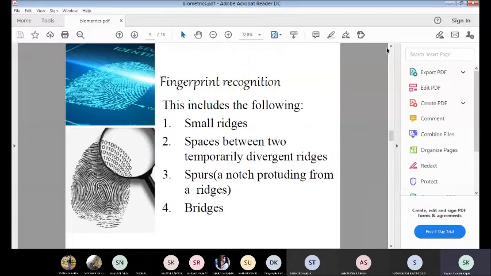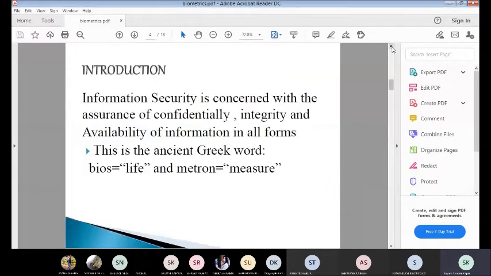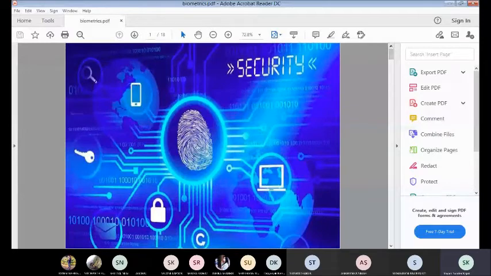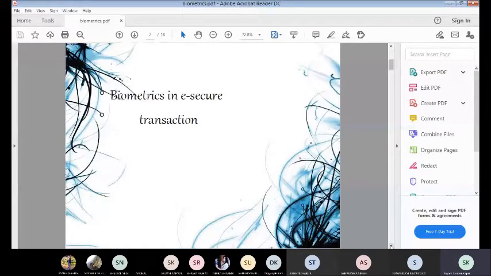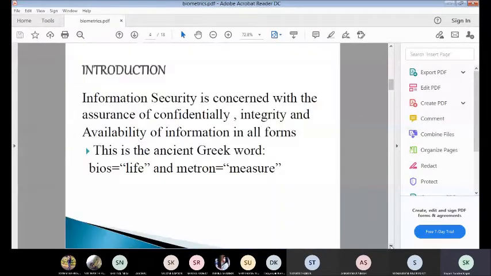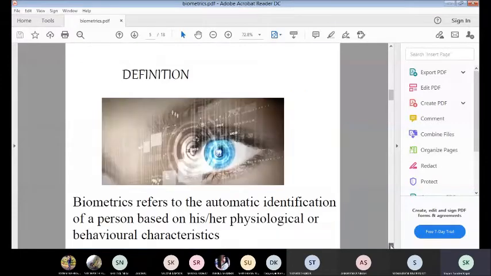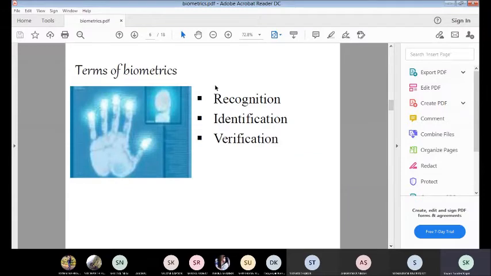And we have discussed till now biometrics for security, an introduction, what exactly biometrics is, and terms like recognition, identification and verification. Because first we have to register for the biometrics.